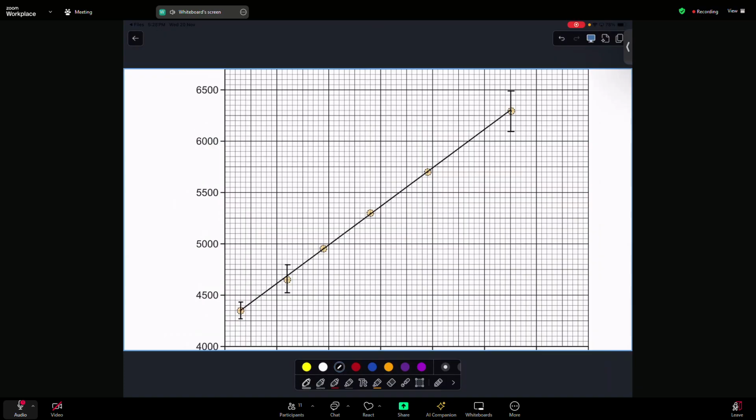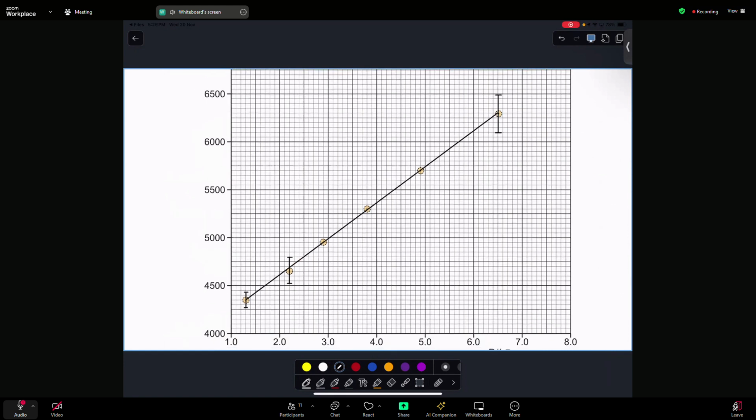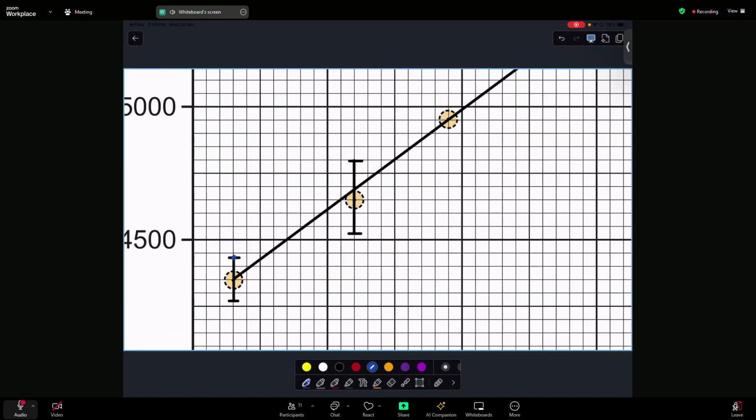Then they'll say on the same graph, draw the worst fit line. What's the worst fit line? The worst fit line is, taking into account the uncertainties, what's the worst graph that you can get? And there's actually a limit to the worst graph you can have. Beyond that, it's not acceptable anymore. So what's the worst possible line out there? What you're going to do is take your plot from the top here.